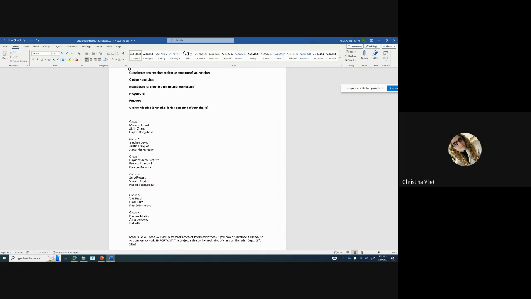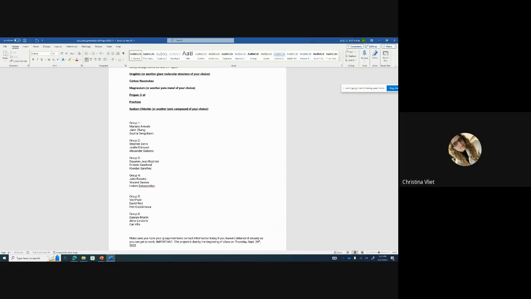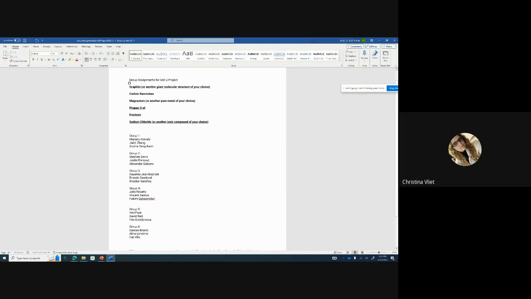But let's talk about what's going to happen. So one group is going to choose graphite, or if it meets your fancy, another giant molecular structure of your choice. If you look at the Unit 2 Part 6 notes and you make that choice, you'll see that the choices are graphite or diamond or silicon dioxide, which makes glass, by the way.